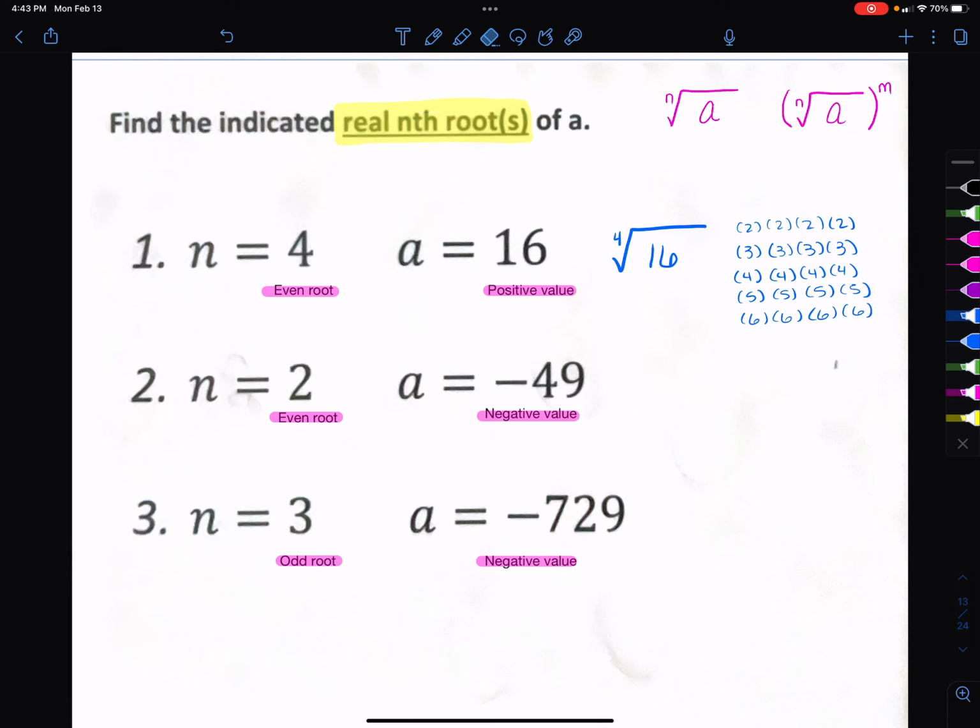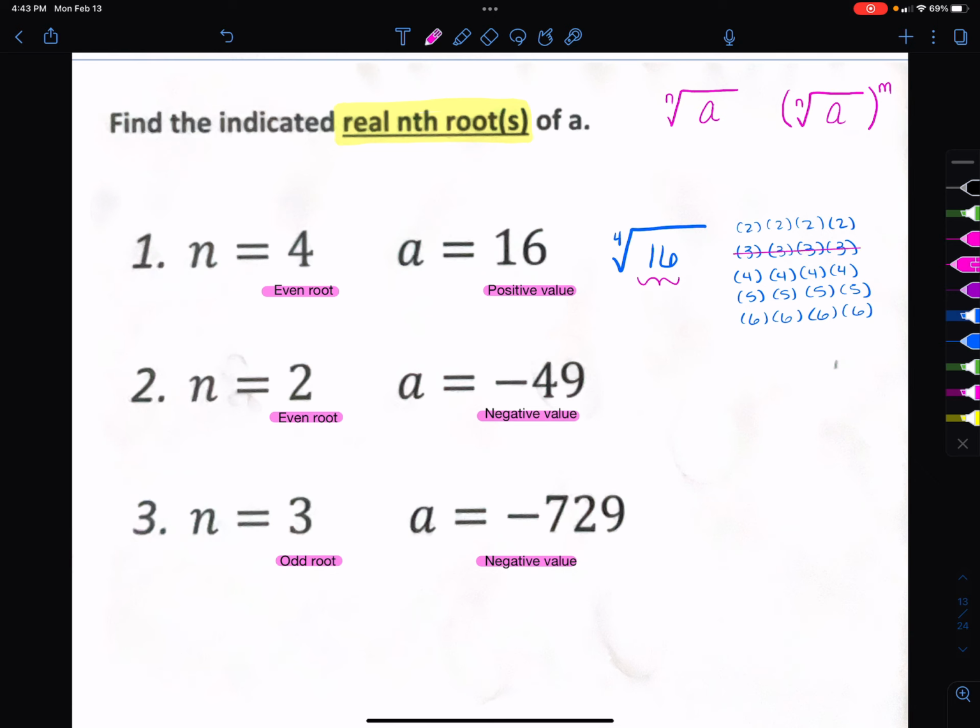Now, I wanted to talk about why I know it's not 3 or 5. The reason is this is an even number. The only way that I can get an even number is for an even number to be multiplied by an even number. Well, 3 times 3 times 3 times 3 is going to give me 81, and 81 is an odd number, so I know it can't be that one.